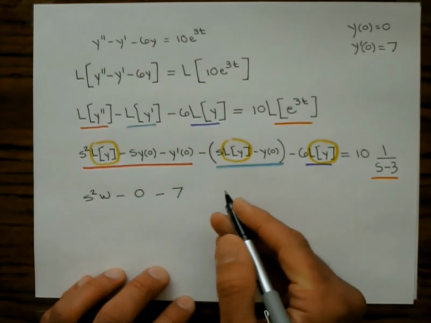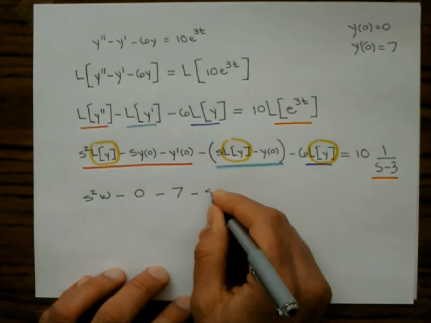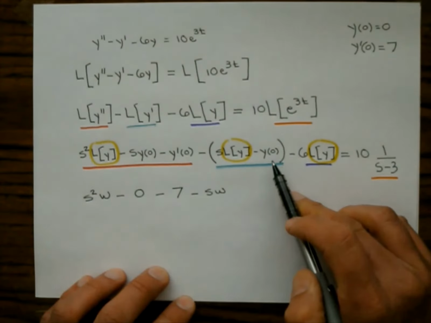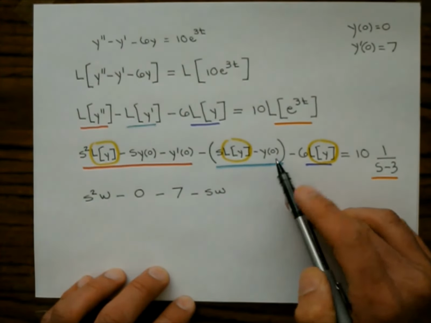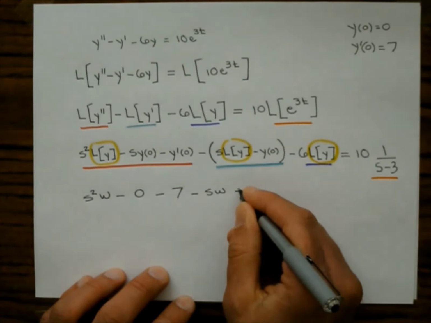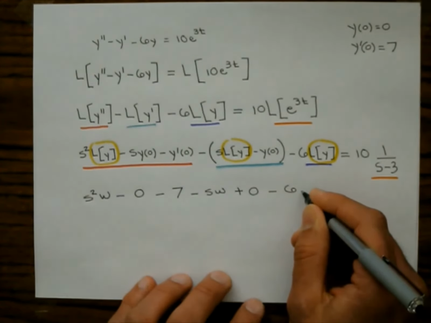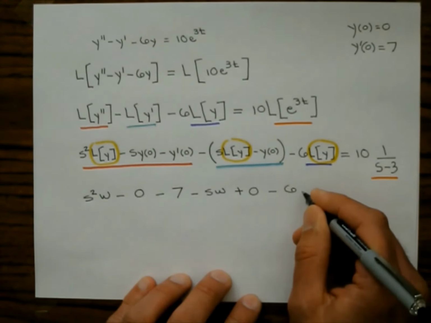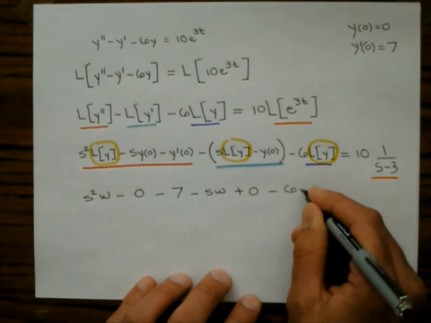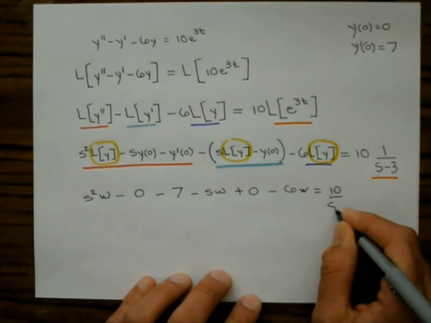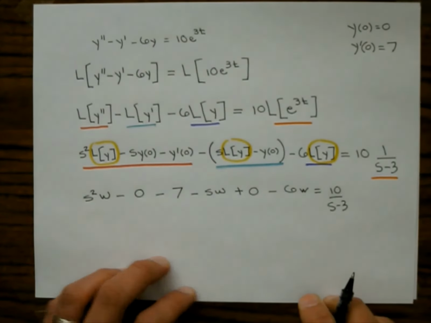Then I distribute the negative, so this is minus s w, and since y of 0 is 0, plus 0, minus 6w. This equals 10 over s minus 3.